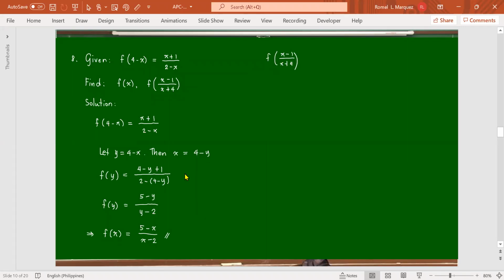What about f of x minus 1 all over x plus 4? Since I know already f of x or f of y, I can easily now find this. So I can substitute it to the x of f or to the y of f. You can choose anywhere between the two. Okay, guys? So what is my x here?